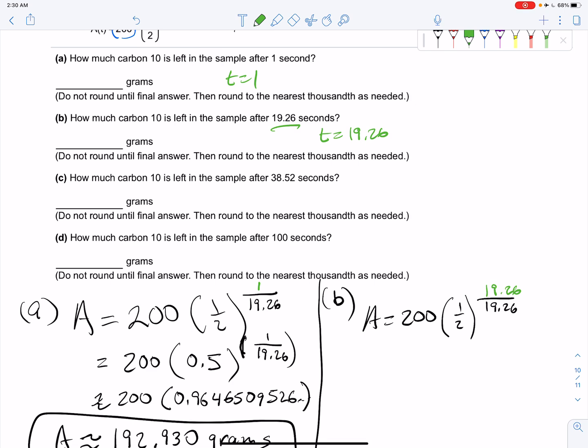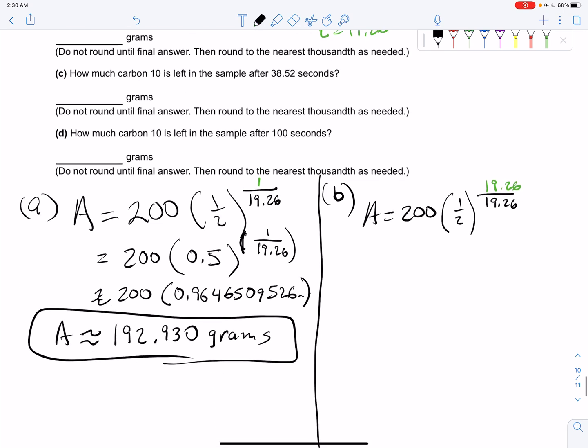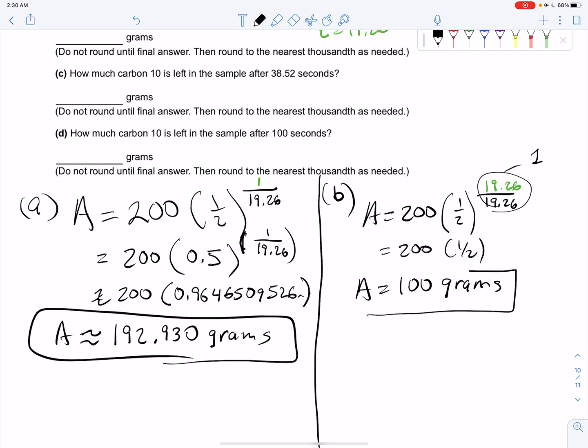That's a full amount of time that triggers our half-life, because all of this now just equals 1. So take half of 200, and what's left is 100. So after 19.26 seconds, we have 100 grams of carbon 10.